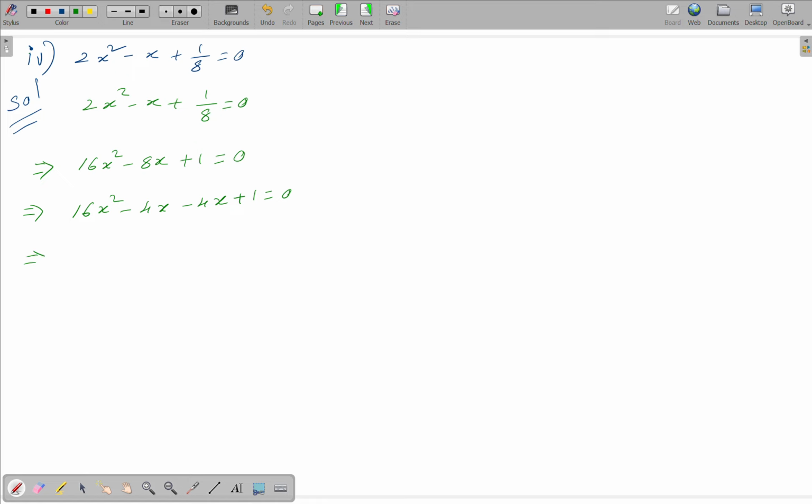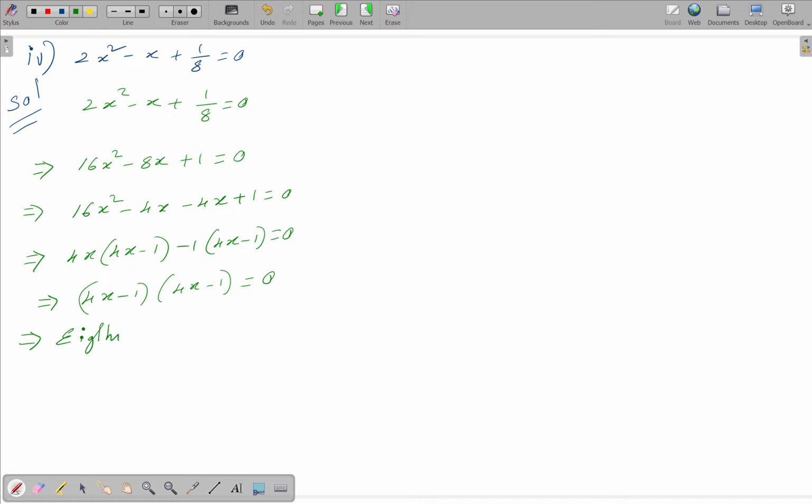That implies 4x into 4x minus 1, minus 1 into 4x minus 1 is equal to 0. That implies 4x minus 1 into 4x minus 1 is equal to 0.